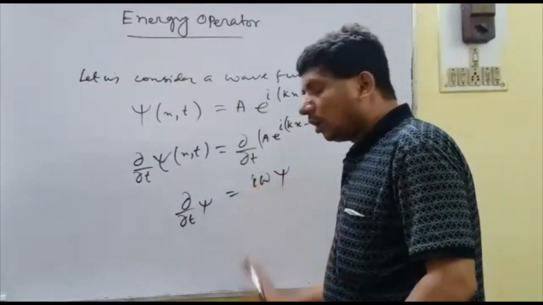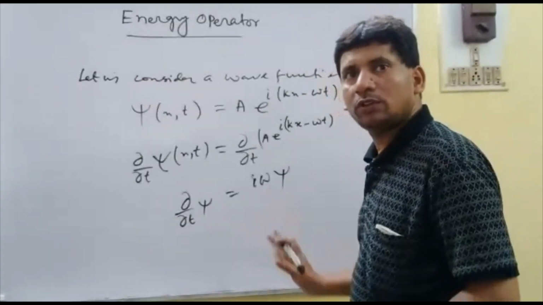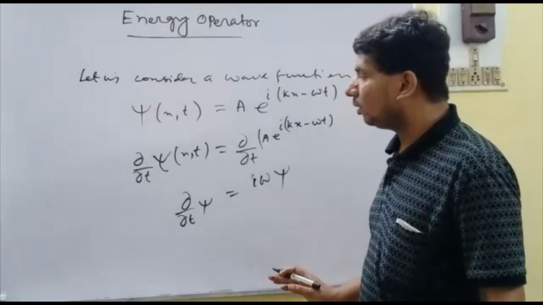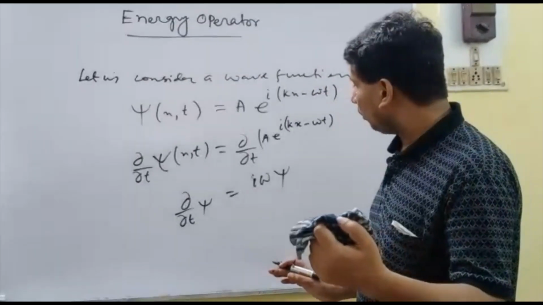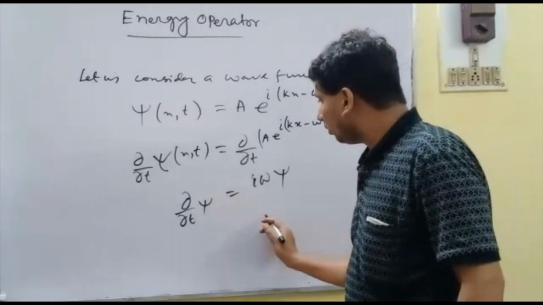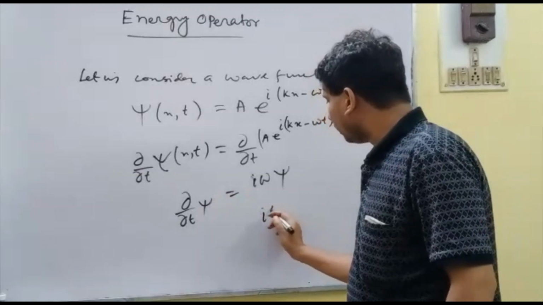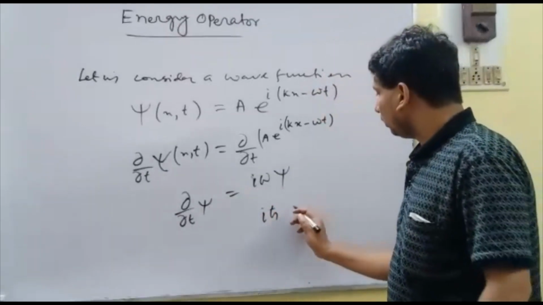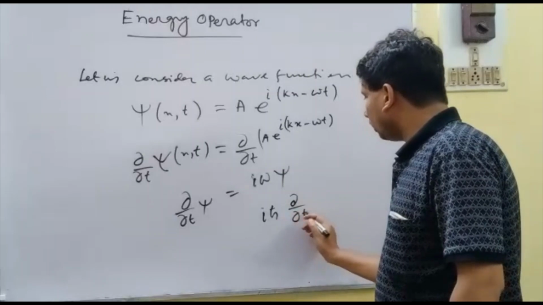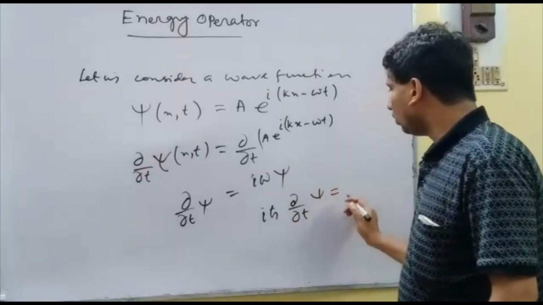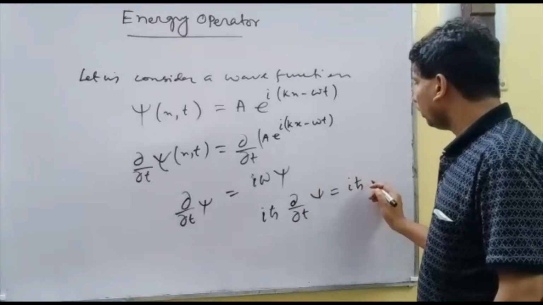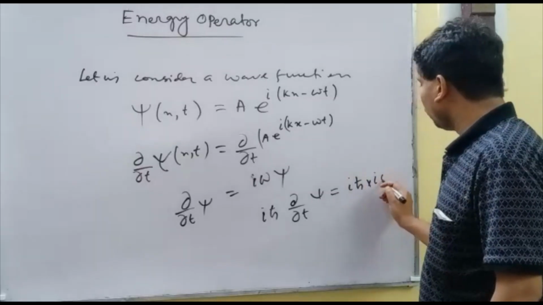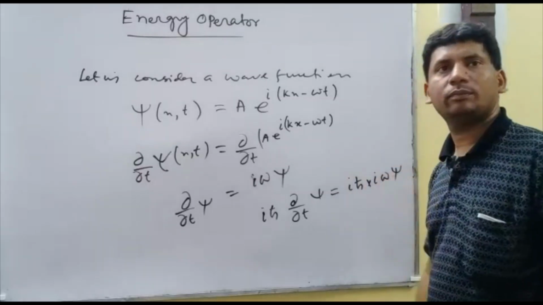Then we can cancel psi from both sides, and we can also multiply by i a squared on both sides. Del t psi equals i a squared into i omega psi. Clear?